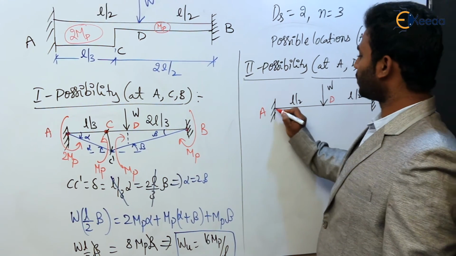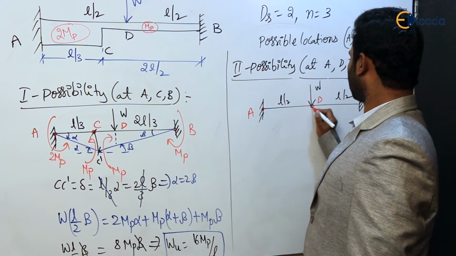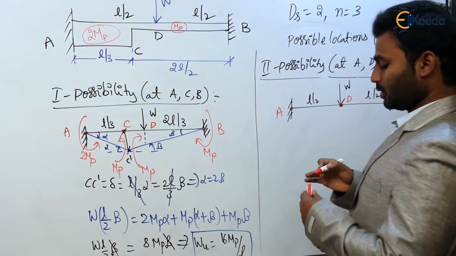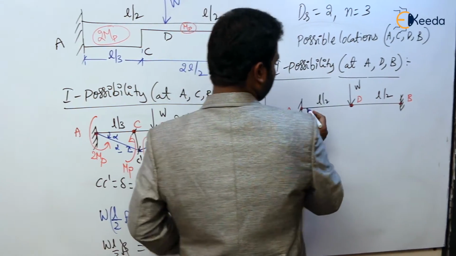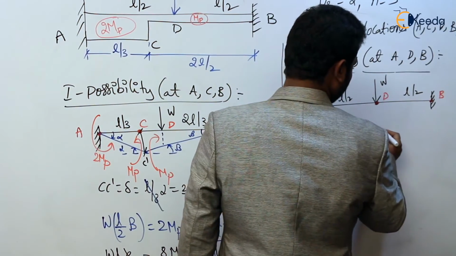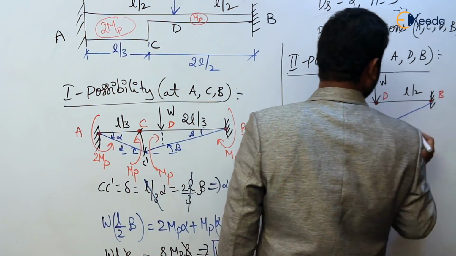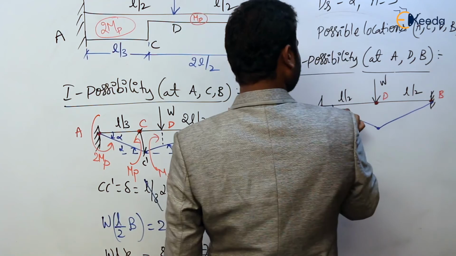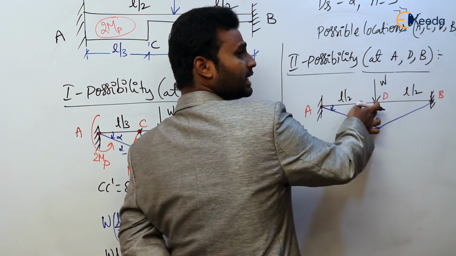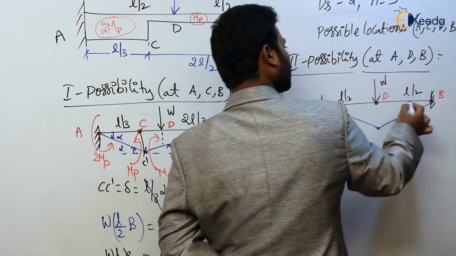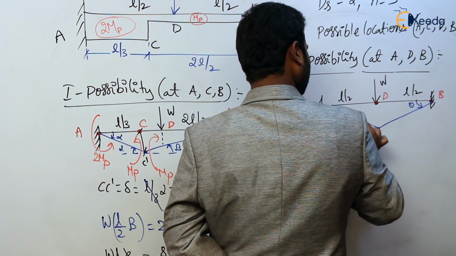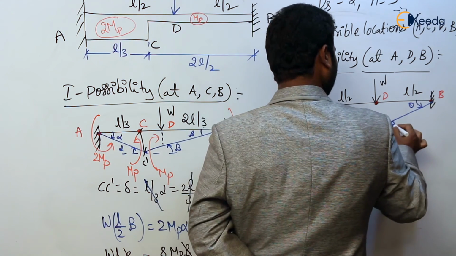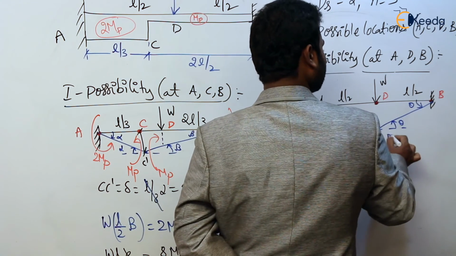In this case we have to consider hinges at A, D and B. Now how is the deflected shape or the mechanism? Here the third hinge is formed exactly at the center. So if it is theta here, here also theta, and here also theta. So this is D dash.